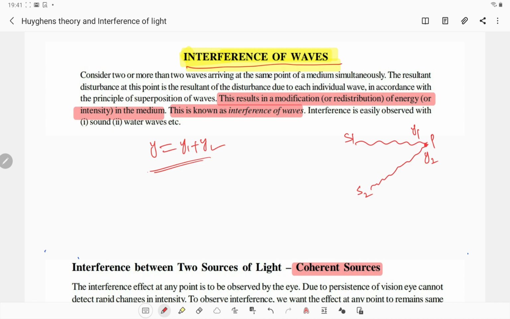That modification or redistribution of intensity and energy is nothing but interference. So here is the definition: the modification or redistribution of energy or intensity in the medium due to superposition of waves is known as interference.